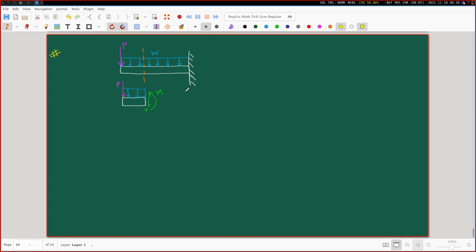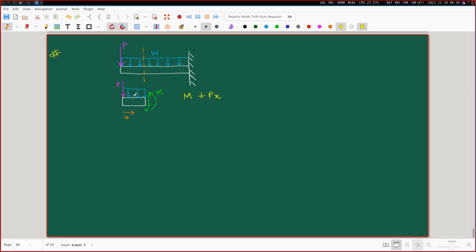And if we do the moment balance, what are we going to get? This M is in the anti-clockwise sense. The contribution from P when we take the moment about an axis which passes through this right end will be, so this is X, it will be plus Px or minus Px? So plus Px.